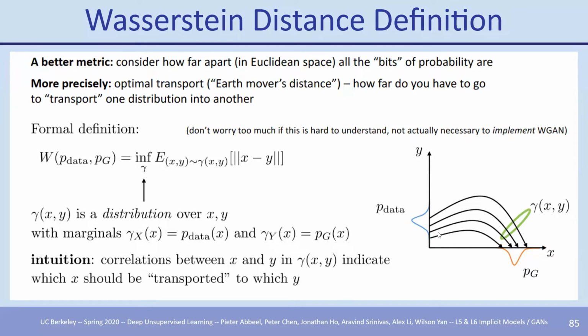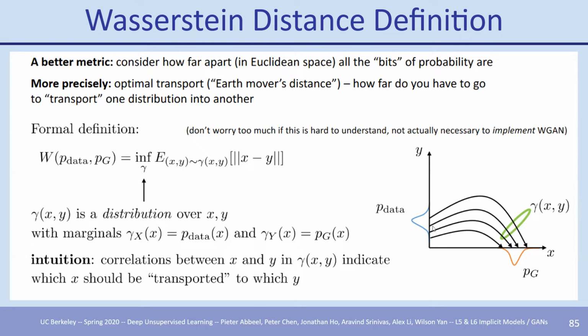The main idea is you subtract x and y, and you can see this is the distance. So this would be like, how much earth do I have to move for each of the points? Then you take the expectation of all of them, because you have a height and a probability. Infimum means that it's the smallest distance.